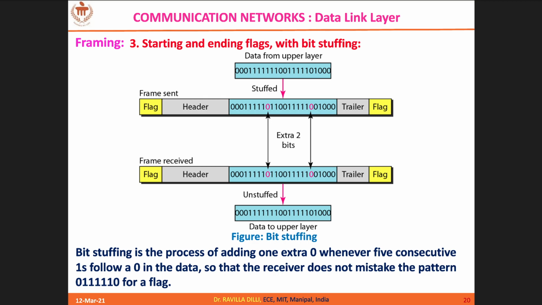So after continuous 5 ones, you insert 0 at the sender side, and at the receiving end, after 5 continuous ones that you receive, you ignore the 6th bit. This resolves the differentiation between the flag pattern and the same pattern which is part of user data.